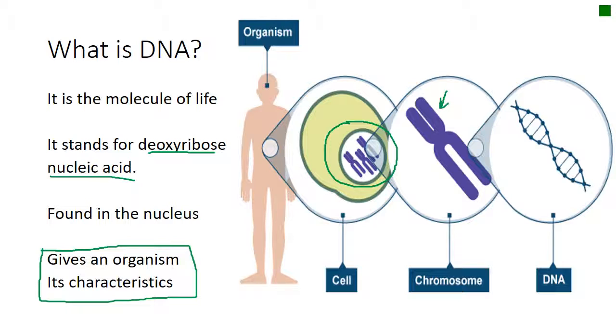What a chromosome is, if you just think about all the different characteristics that an organism has, right? There's a lot of information there. So there's a lot of DNA. Since DNA is stored inside the nucleus, it compacts, right, into packages. And these packages are called chromosomes.